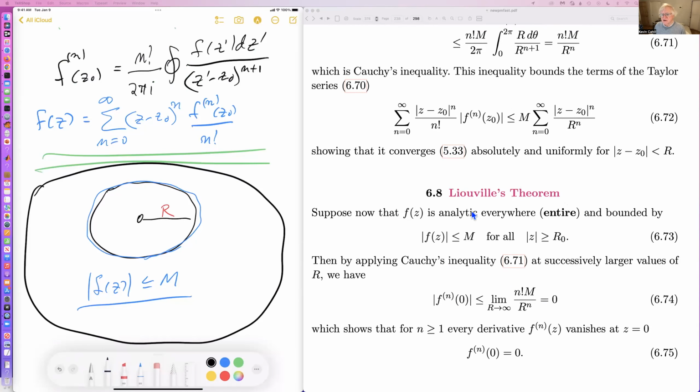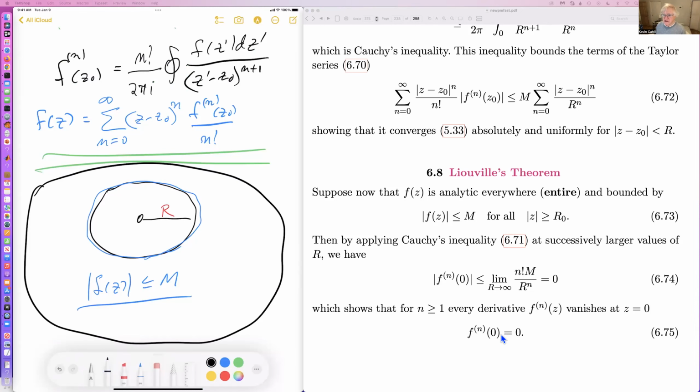So let's now suppose that we have a function that's analytic everywhere, and it's bounded outside on a circle and outside that circle. So then if we apply Cauchy's inequality, we get that f^(n) of 0 is less than this. We send r to infinity, and we conclude that the nth derivative at 0 has to be 0 under these conditions.